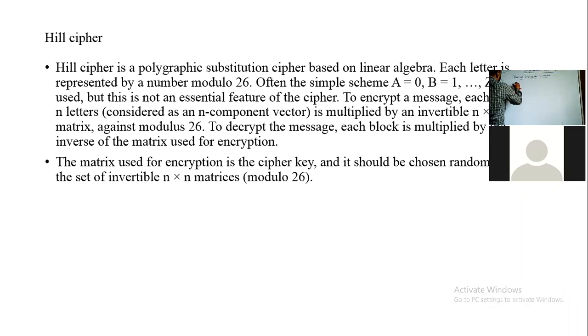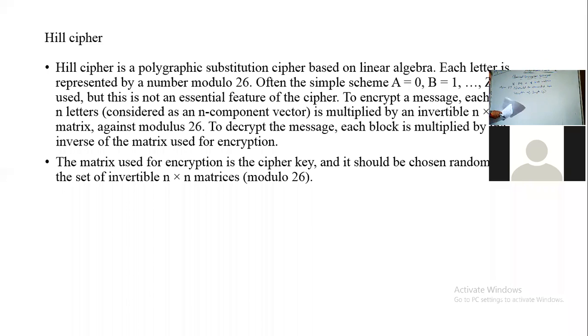If the key is a 2 by 2 matrix, then the plain text should be converted into vectors of length 2.